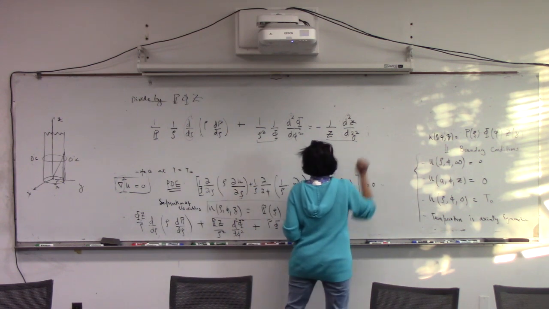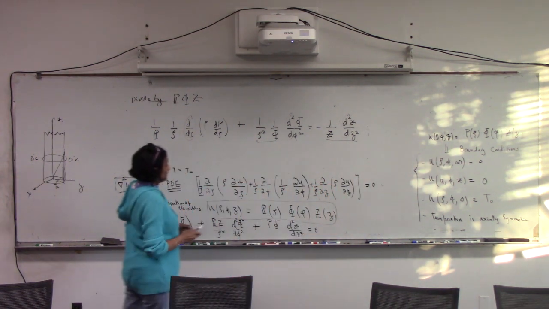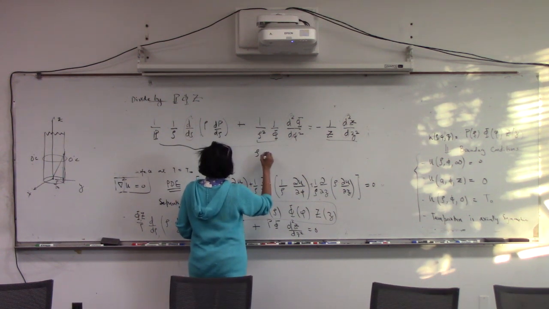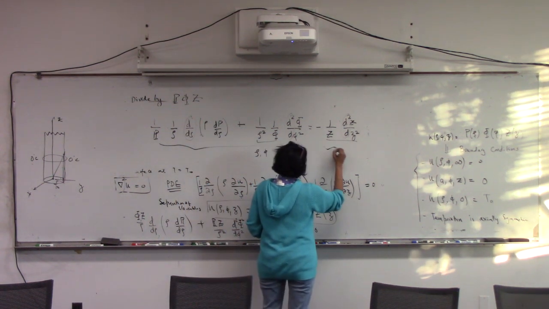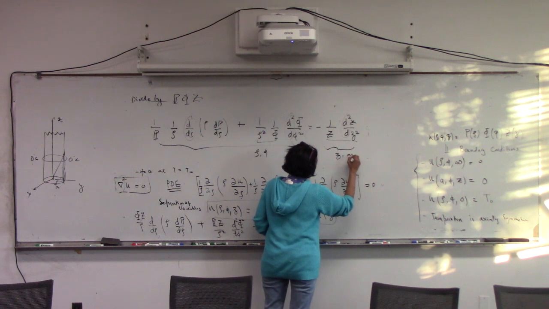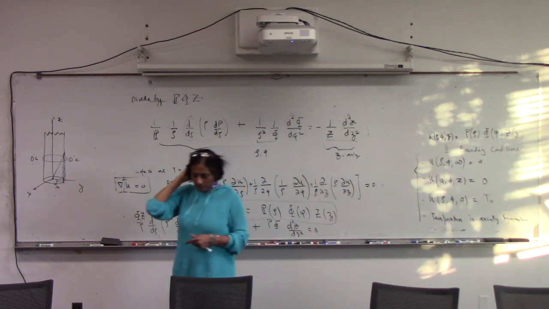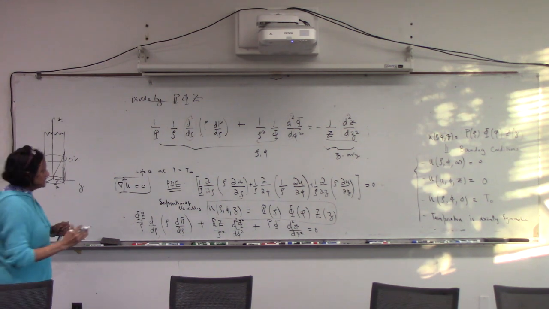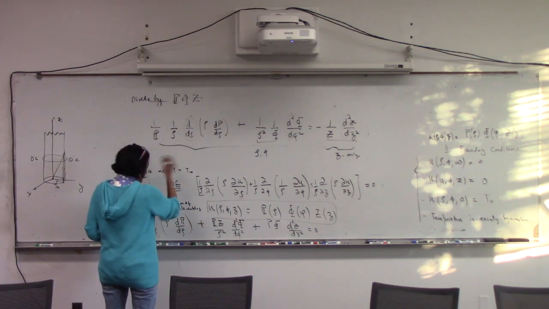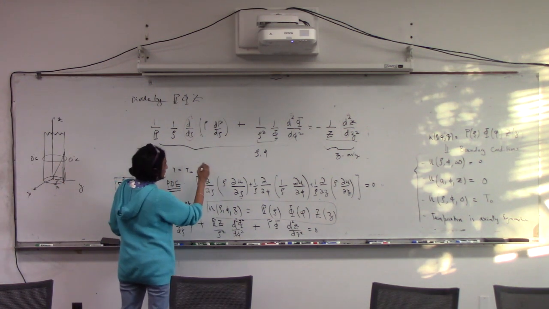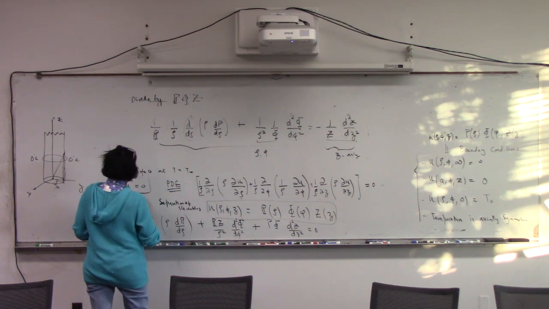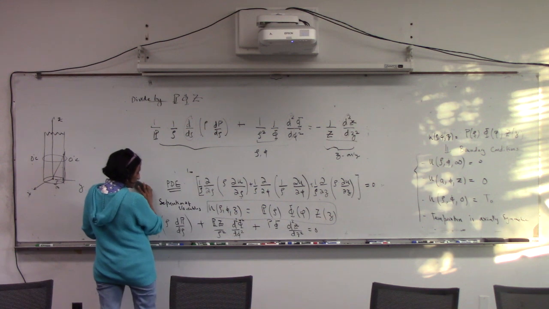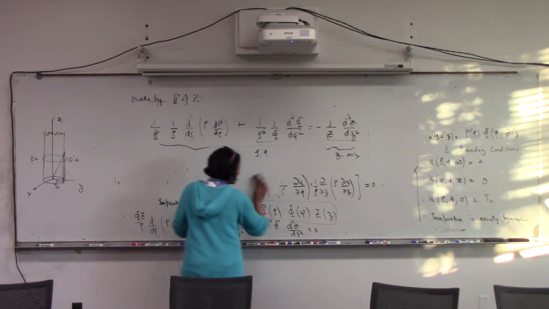So what can we say? The left side is a function of rho and phi, and the right hand side is a function of z only. And this is not possible unless each one of them is a constant. So the whole idea is to get the separation constant correctly based on the boundary conditions for this problem, right? Okay, so I can get rid of all these things.